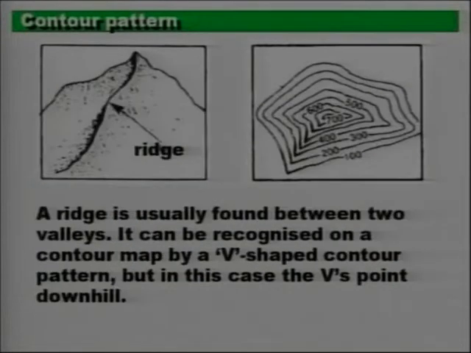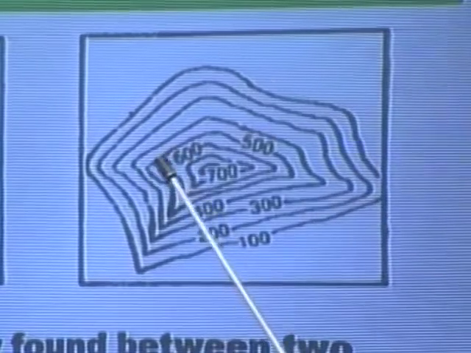Okay, the next contour pattern is that of the landform called a ridge. A ridge is usually found between two valleys, and it can be recognized on a contour map by the V-shaped contour pattern.